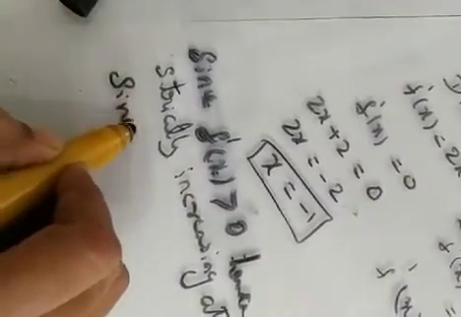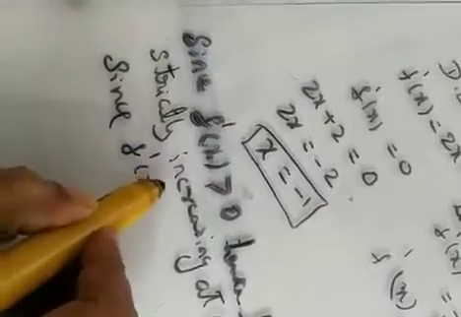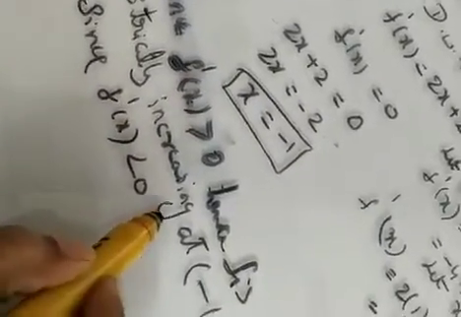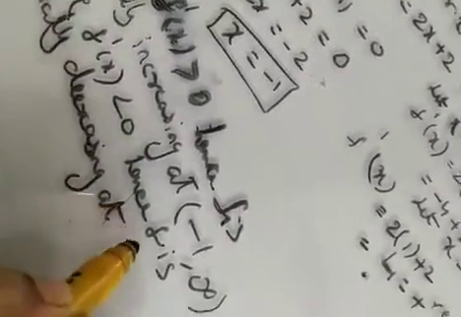Since f dash of x is less than 0, hence f is strictly decreasing at minus infinity to minus 1.